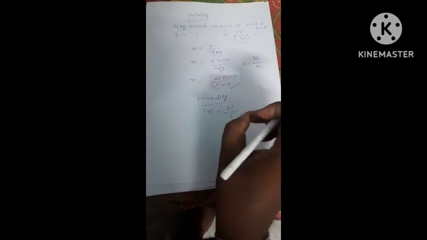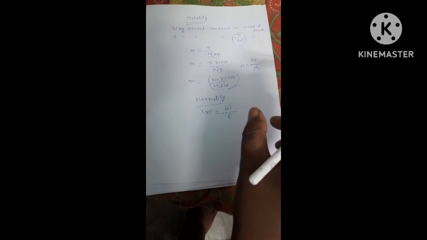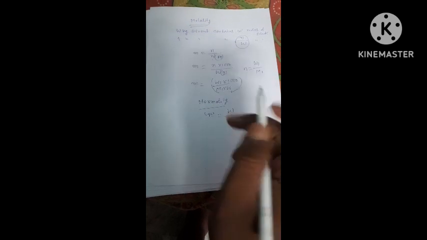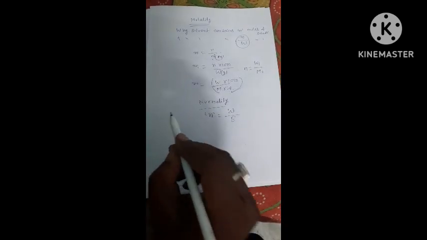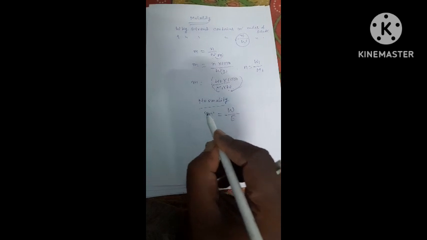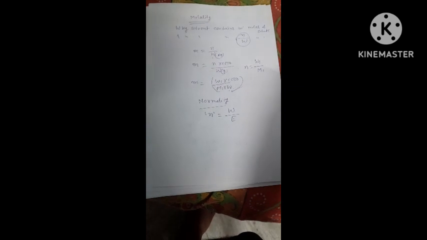And here in the normality definition, what has been said? Normality is the number of gram equivalents of solute present in 1 liter of the solution.